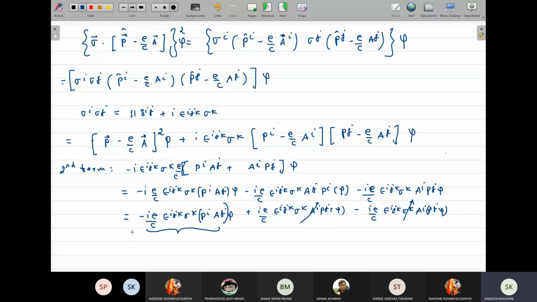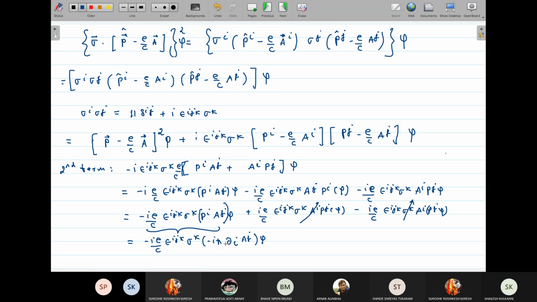Okay. But we can still simplify this: minus i e by c epsilon ijk sigma k, and instead of pi i I will substitute minus i h cross del i, Aj, and this will act on phi.